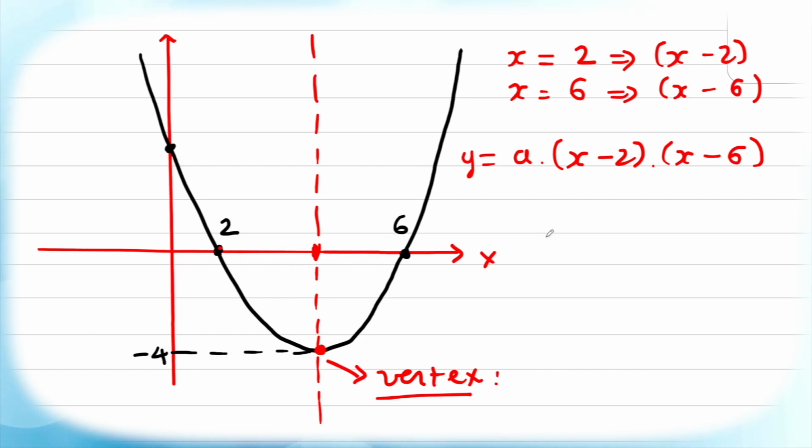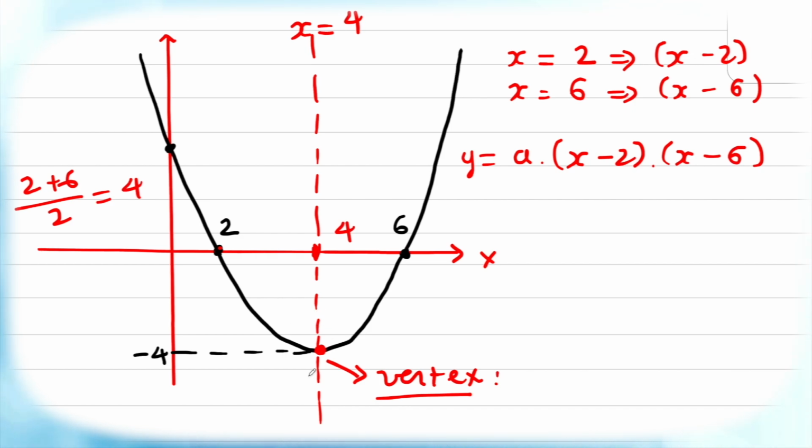The midpoint will be 2 plus 6 divided by 2 equal to 4. So this one will be represented by 4. The symmetrical line here will be x equal to 4. The question doesn't tell you this information, but you have to understand the meaning of the symmetrical line in the parabola, and then you figure out this one.